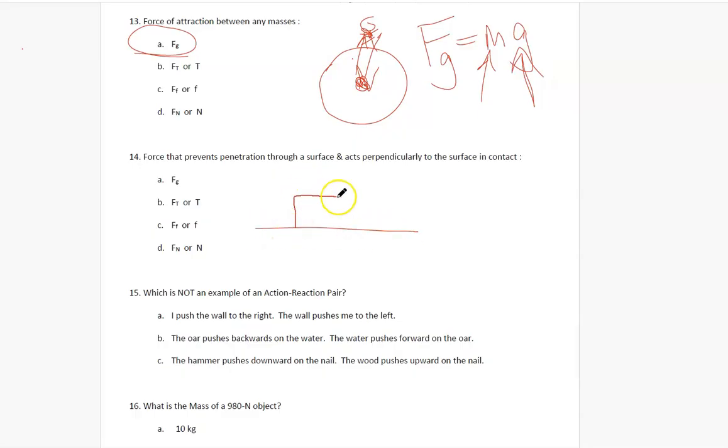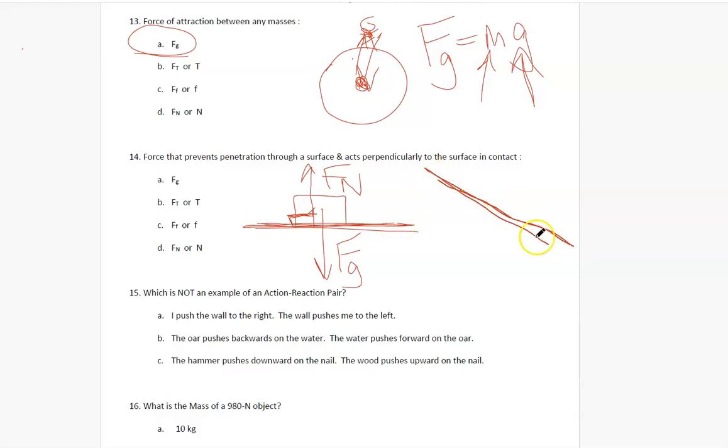Okay, so you have a box sitting on the floor. We know that the Earth is pulling on that box with a force of gravity we call weight, but at the same time, the floor or the ground or the table is pushing back up, straight up, at an angle that's perpendicular to the surface.